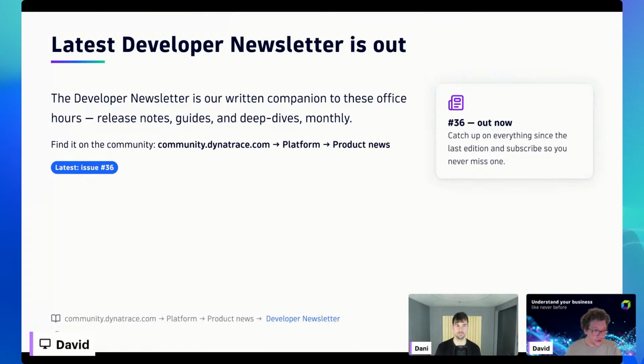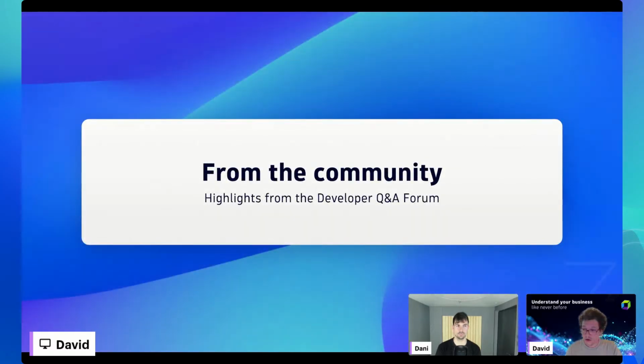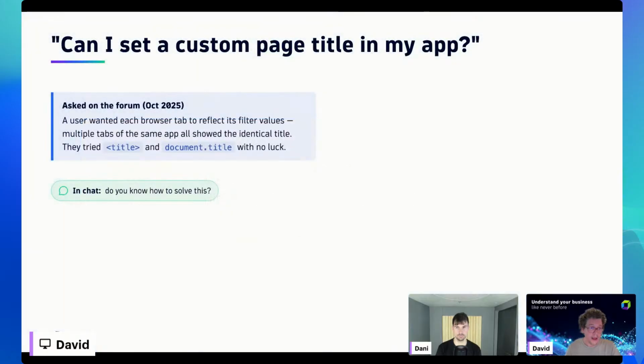What's also on the community is a community forum where everyone can go and ask questions. We have a specific sub-forum dedicated to Dynatrace app development. One of the interesting questions was that the user wanted to set a page title for the different tabs of his app.